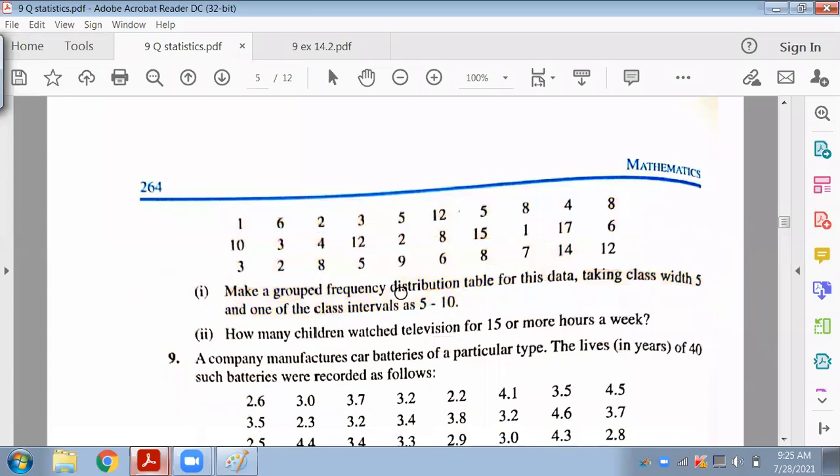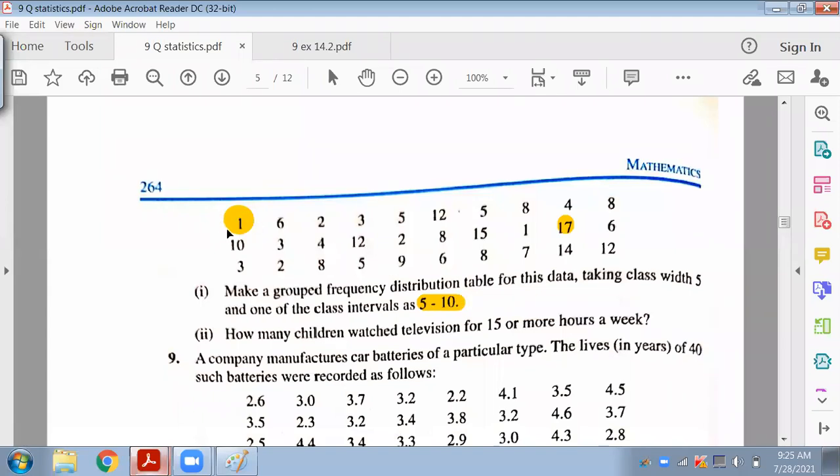Let's see. First we'll see what the highest and the lowest value are. The lowest value is 1, and the highest value is 17. One of the class intervals is 5 to 10, so next will be 10 to 15, then 15 to 20, and so on.